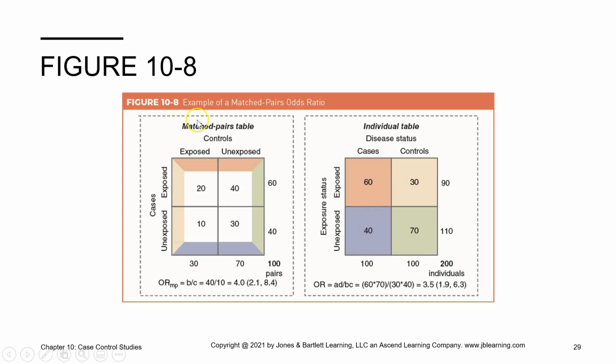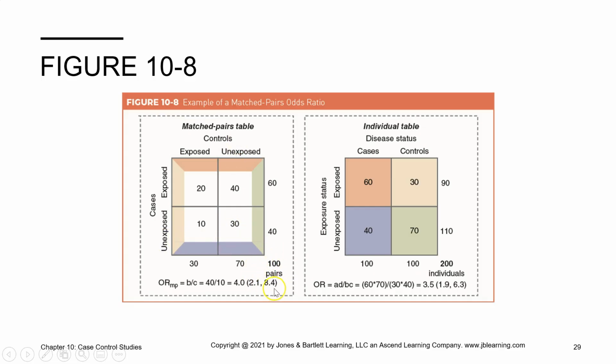So here you can see in the matched pairs table, you have 20 pairs of exposed cases that are also exposed controls here. And then you have 40 exposed cases that are unexposed controls. These are pairs, of course. And then you have 10 unexposed cases that are also exposed controls, and then here you have 30 unexposed cases that are unexposed controls.